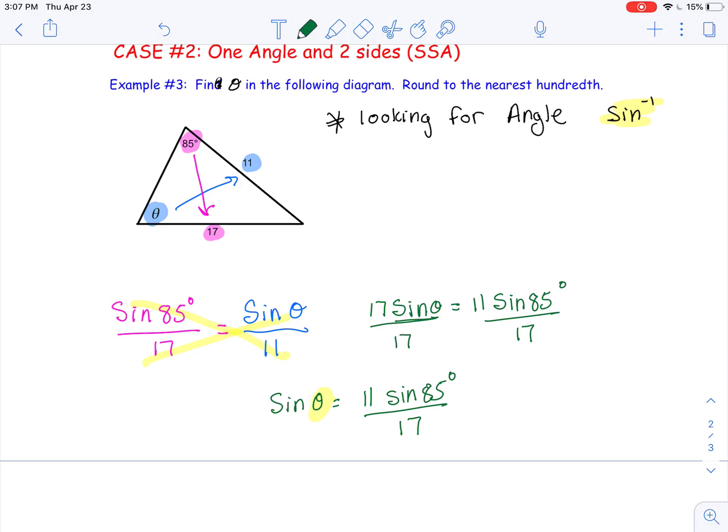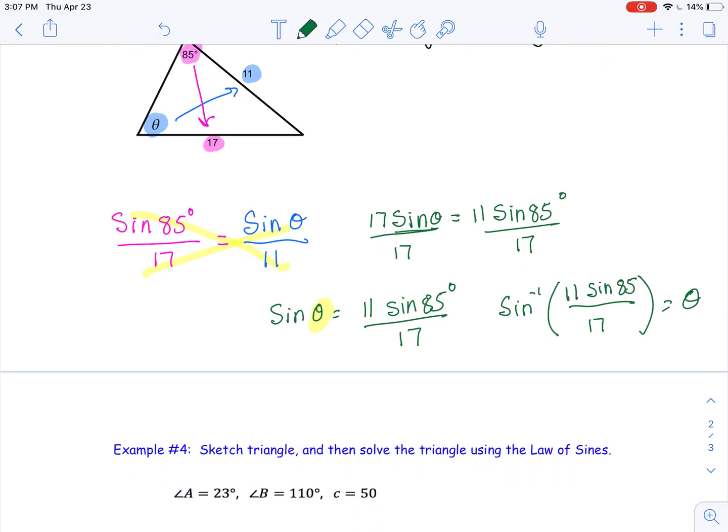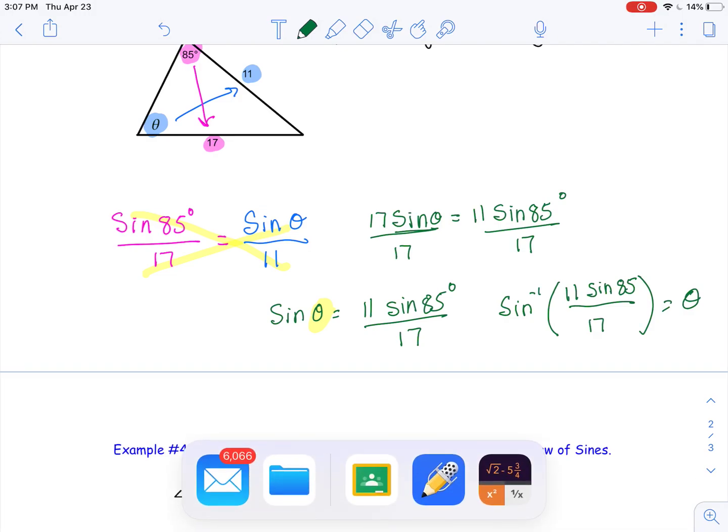So it's going to look like the sine inverse of 11 sine 85 all over 17 is going to be equal to whatever my angle is. So I need to apply, since I'm looking for an angle, I'm going to use sine inverse. If I take the sine inverse of 11 times sine 85 over 17, that's going to give me theta. So let's go back to our calculator.